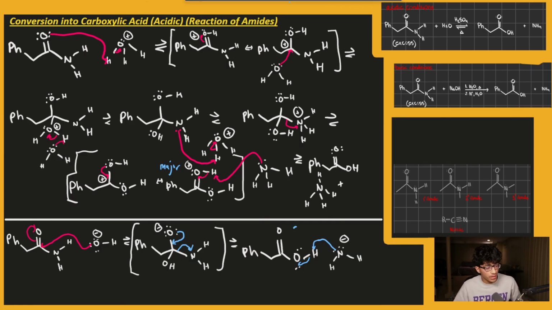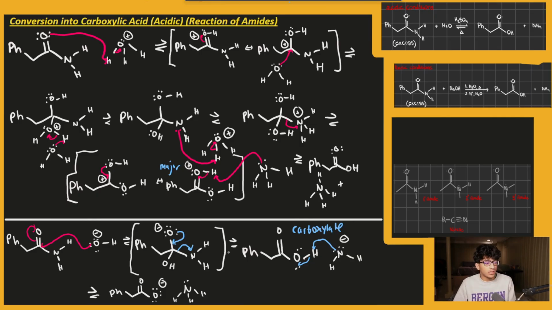So we're forming a carboxylate. Right here, we're just going to draw it normally with a negative charge because we are in a basic environment, so it's very normal for that to happen. And so you'll have NH3 right here.